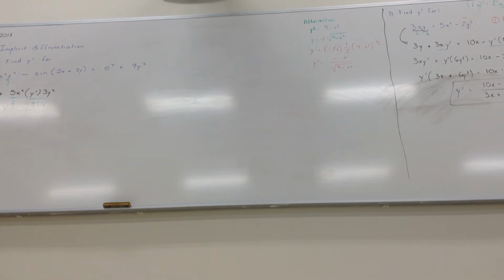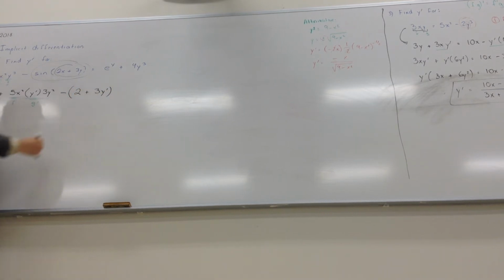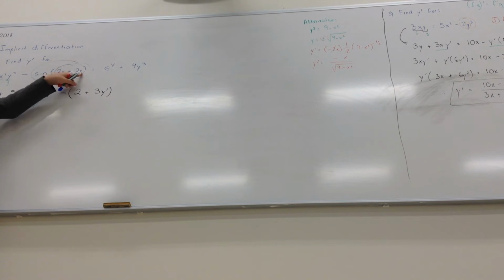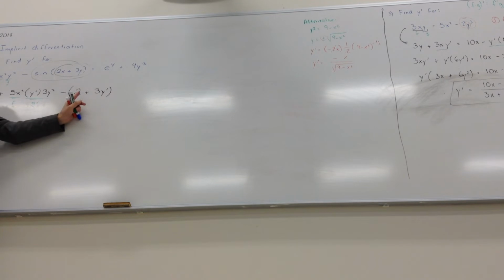We're going to simplify. Minus. Here, chain rule. This and this. So, derivative of this: 2 plus 3y prime. Put a parenthesis, okay? 2x derivative is 2, no problem. 3y is chain rule, the y prime and the 3.